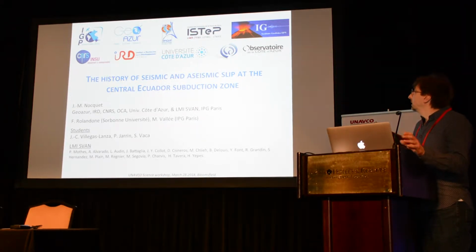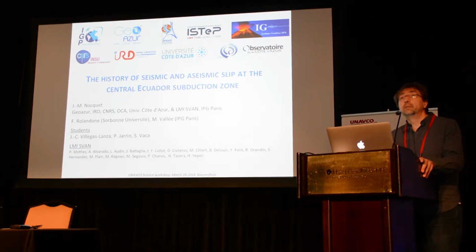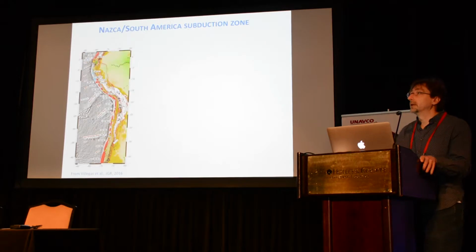During this talk, I will try to make a history of these different slip modes at the central Ecuador subduction zone and to see how they are organized in space and time, so that we can say something about the anatomy of the subduction interface.